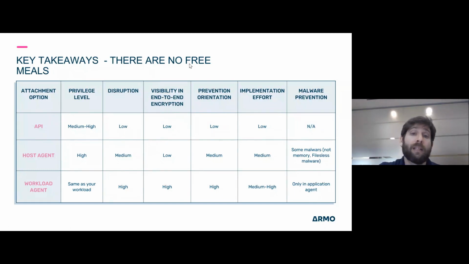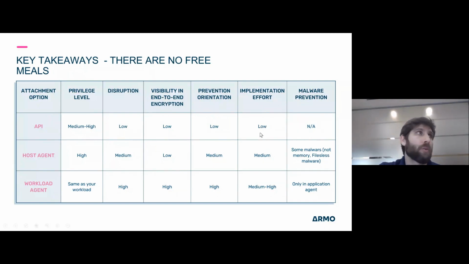If you look at end-to-end visibility in end-to-end encryption use cases, the only solution is to run as a workload agent. If we're looking at prevention, trying to prevent modern attacks, in-memory, fileless malware, the best option is to run in a workload agent. If we're looking at the implementation or deployment effort, the easiest way is to use the API.